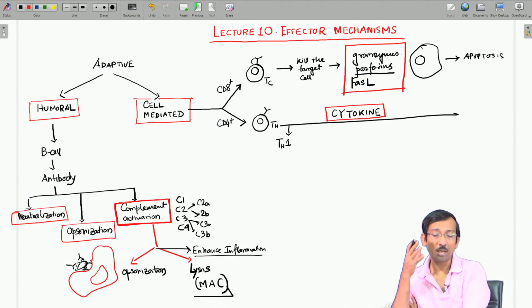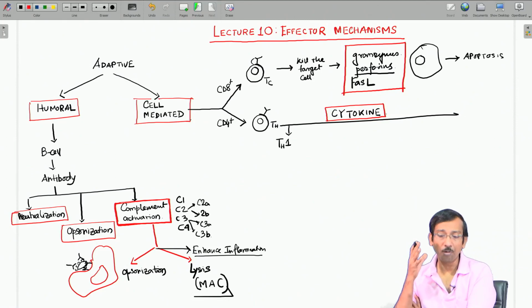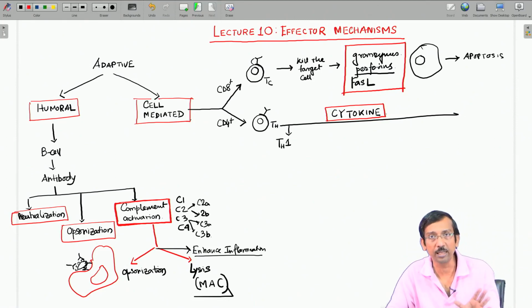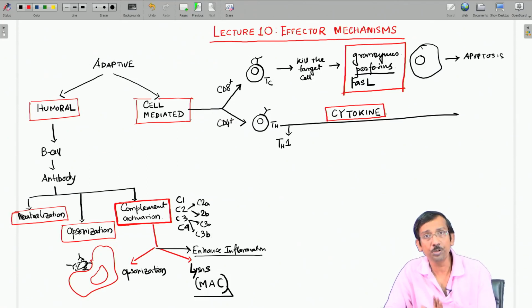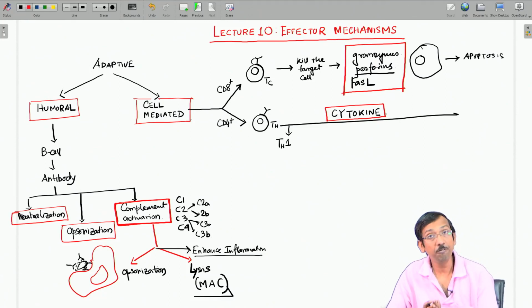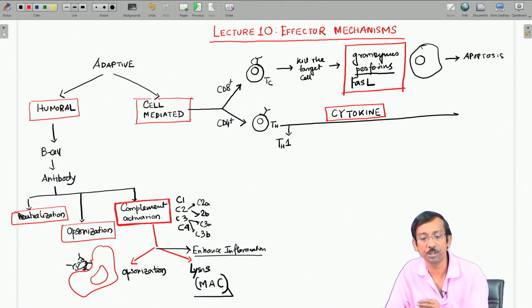They are released by most cells of the immune system, by the lymphocytes and also by activated macrophages, which release a lot of cytokines.